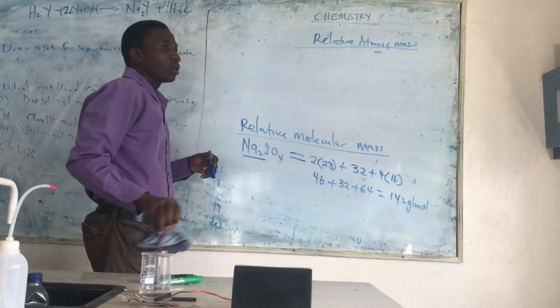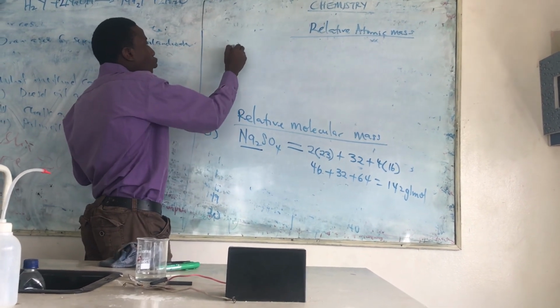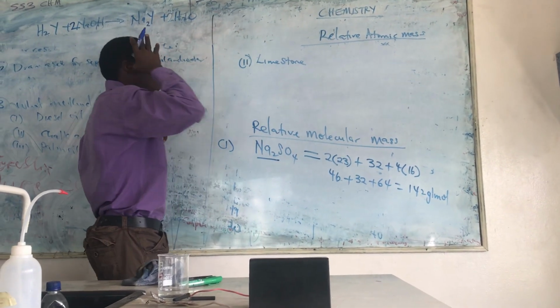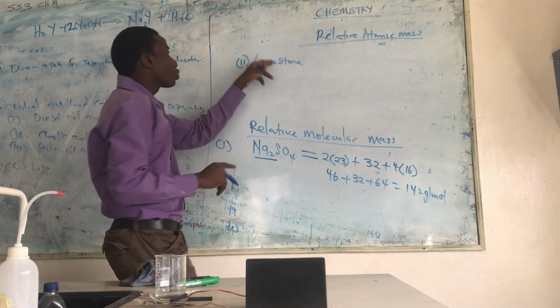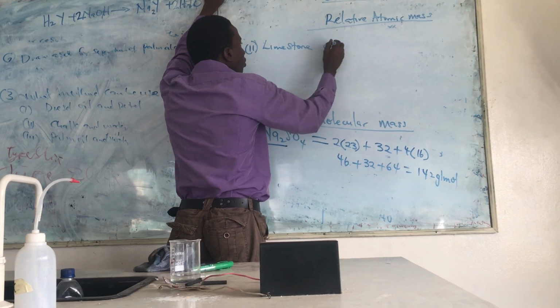Let's do another one. Let's get the relative molecular mass of limestone. Who can tell me the formula for limestone? The formula for limestone is CaCO3.